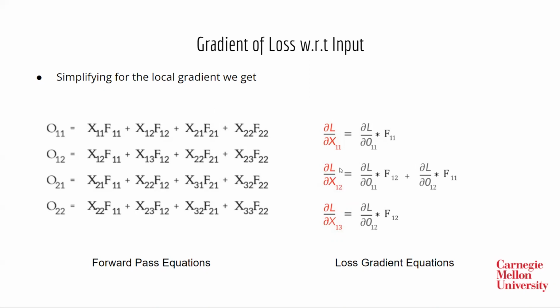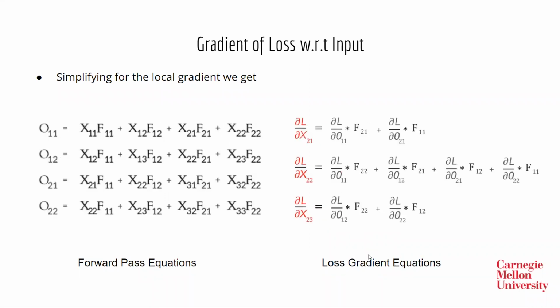Next up is the gradient of loss with respect to X12. You consider which outputs X12 contributes to. If you look at the equations, you can find X12 in the equation of O12 and in the equation of O11. So X12 is contributing only to O11 and O12. That's why we just have two terms. For all the other terms, the gradient will become 0.